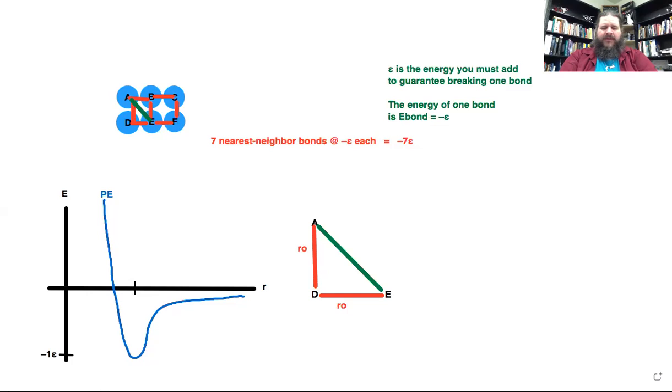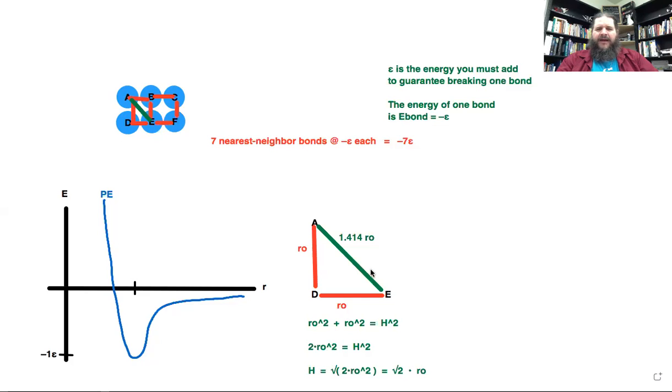So we can split that up into square root of 2 times square root of R naught squared. Square root of R naught squared is just R naught. So we get square root of 2 times R naught. Square root of 2 is about 1.414. So that'll be this diagonal distance, 1.414 R naught.